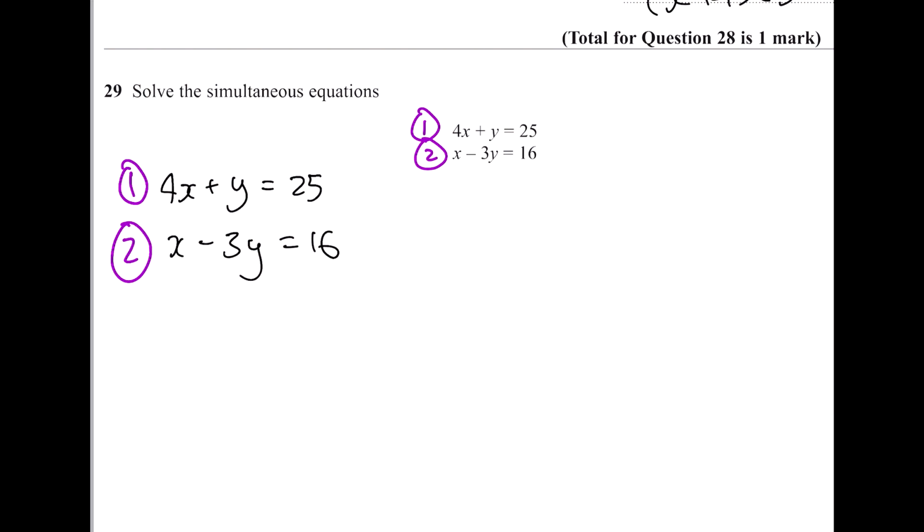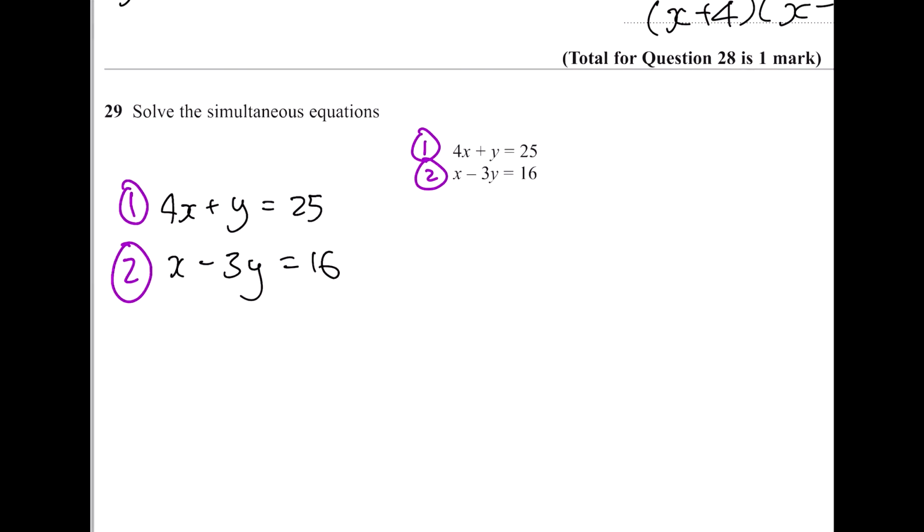Okay, so we can make the y's the same because they're the smallest out of the two. We could multiply the first equation by 3, and that would make the y's both have 3's in front of them. So if we do that, this equation becomes 12x plus 3y equals 75.